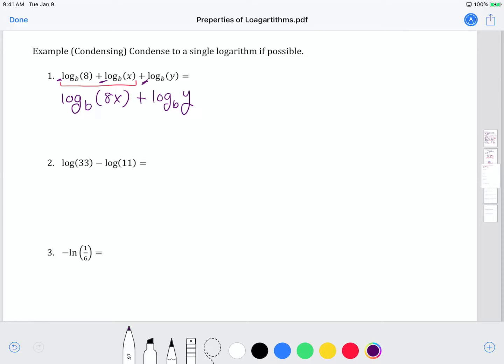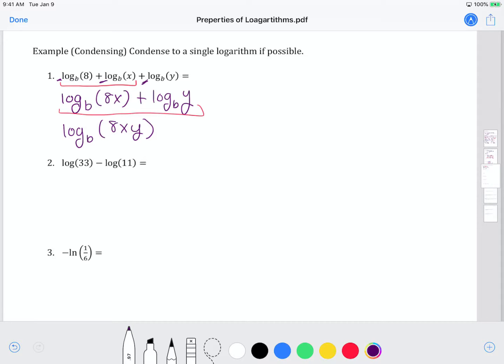Okay, now I have these two that I can condense. Since their bases are the same, I can condense this using the product rule again. So I would have log base b, and I can take the 8x times the y and make it 8xy. And so now this is completely condensed.